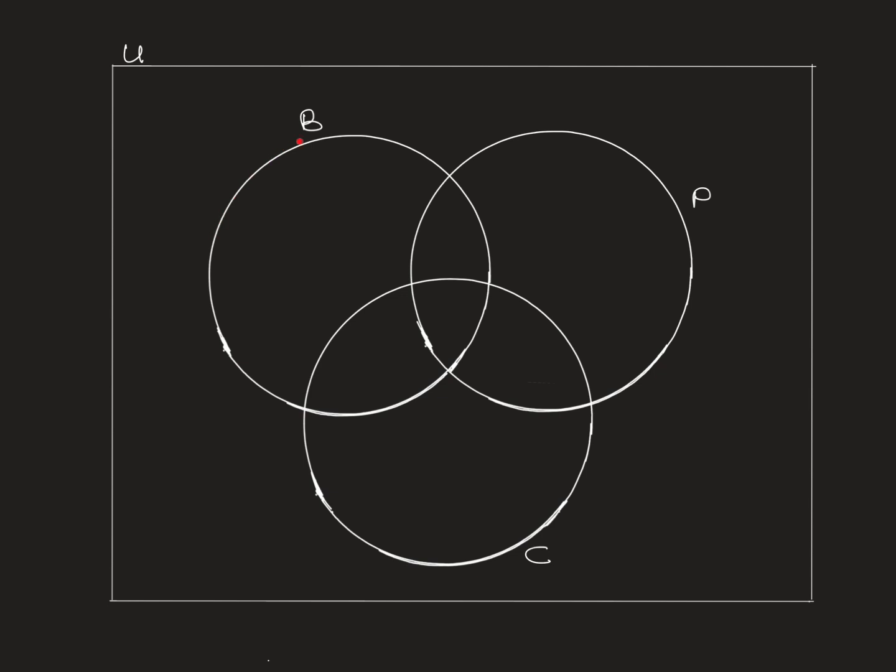This is the circle for biology, and it will be the total number of students studying biology. This will be the circle for physics, for all the students studying physics. This is the circle for chemistry, and it will contain all the students studying chemistry.